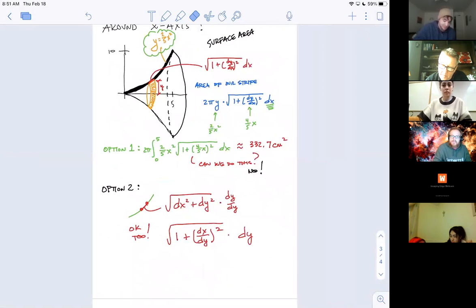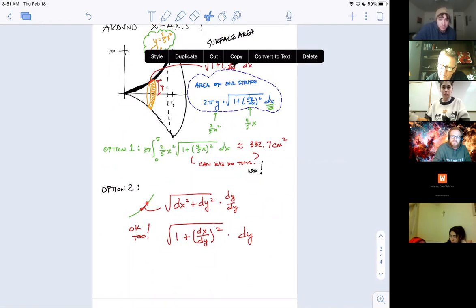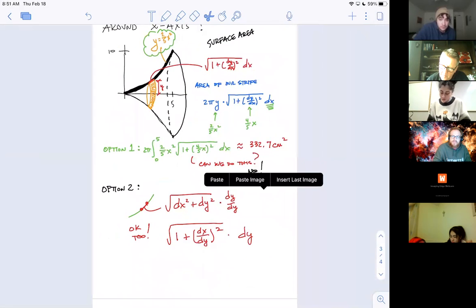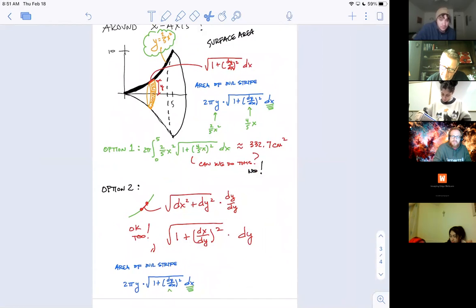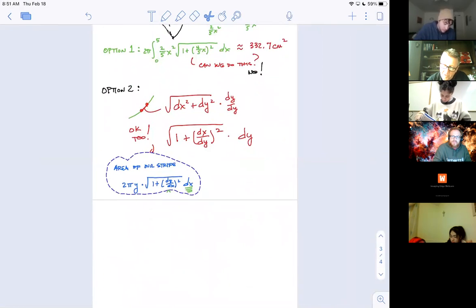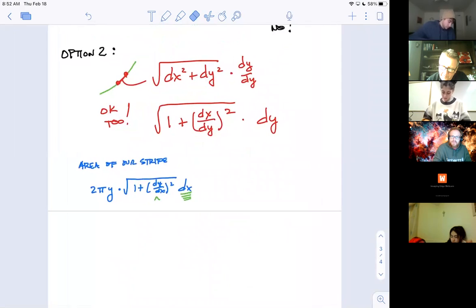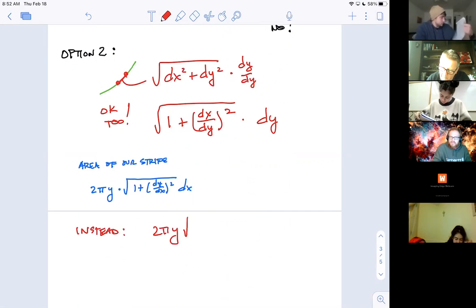So let's copy the area of our stripe down here and reconsider it. It hasn't changed. The radius is still y. Do you understand that? Now we're going to replace this whole thing with, instead, we'll still have 2 pi y, but we'll have 1 plus dx dy squared, dy.